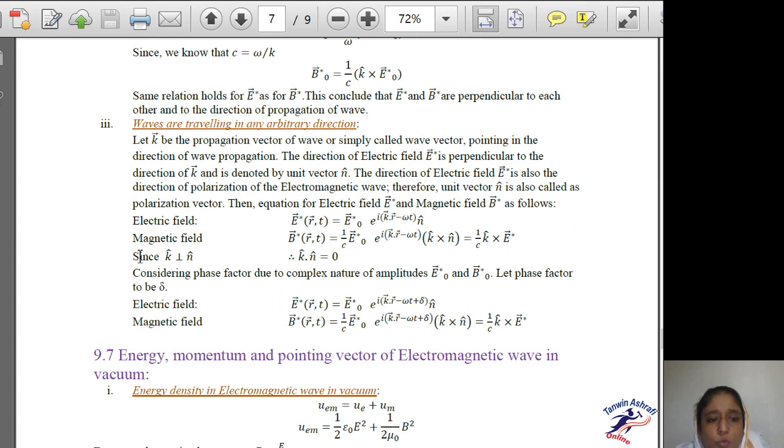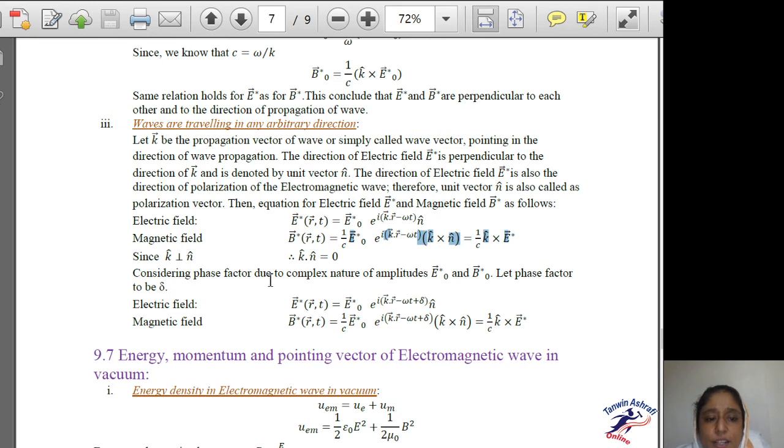The main thing is that this shows that for a wave traveling in any direction, the electric field vector is perpendicular to the propagation of the wave, and the magnetic field vector is also perpendicular to the propagation of the wave, and these two field vectors are perpendicular to each other.